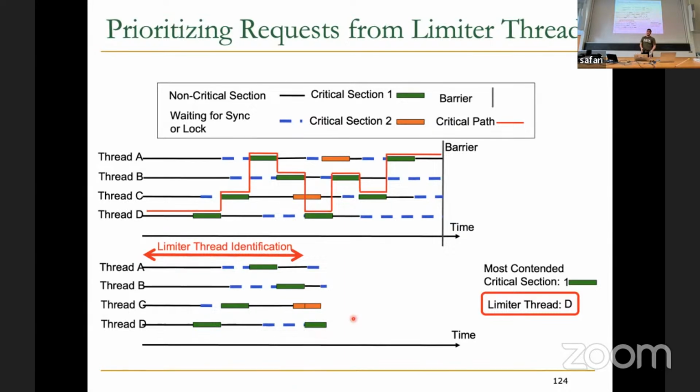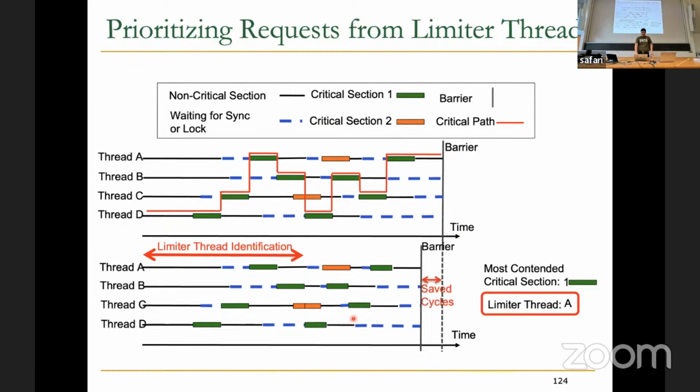So the idea is you're prioritizing thread D's requests over other threads so that it makes faster progress. And by doing this at each step, by identifying the thread that's running the most contended critical section and prioritizing it, you can reduce the execution time slightly such that they reach the barrier earlier than when you don't prioritize any of them.